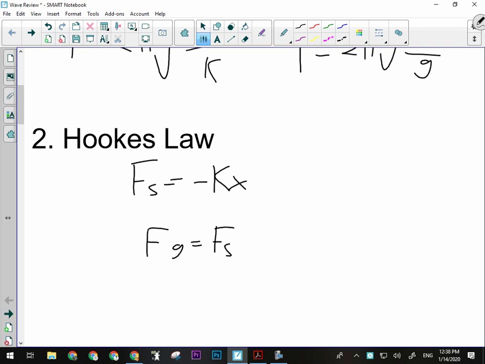Or if we're talking about an object that's oscillating horizontally, the only force providing the restoring force is the net force. Okay, it's a horizontal frictionless spring. Okay, it may give you something like acceleration. If it gives you acceleration, it's definitely not a law of conservation of energy question. Acceleration is not part of it.